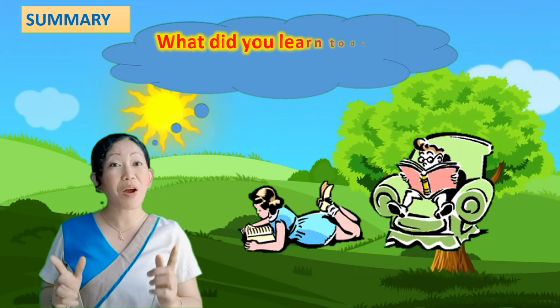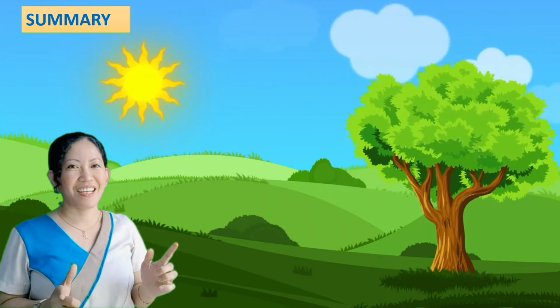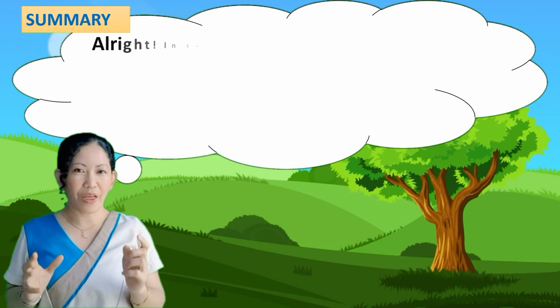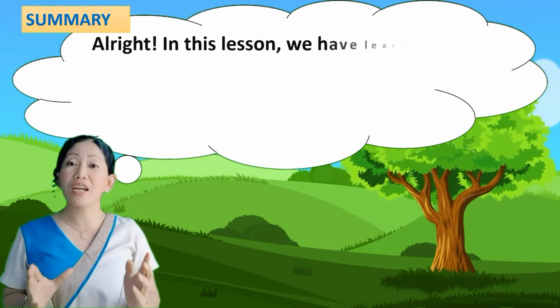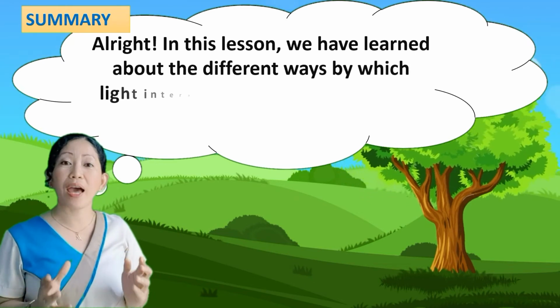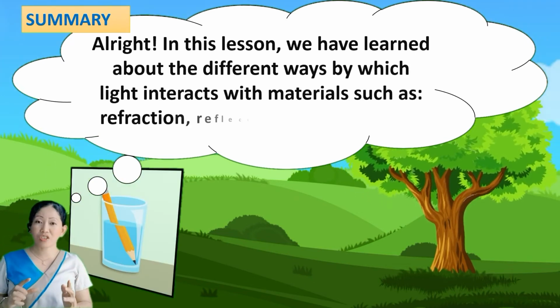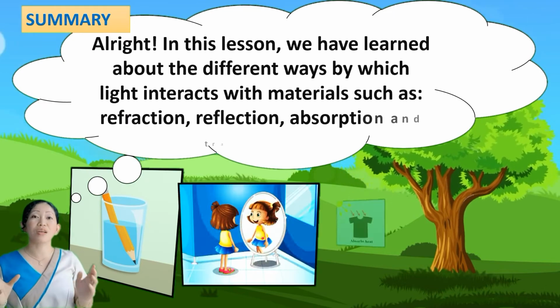What did you learn today from our lesson? Alright! In this lesson, we have learned about the different ways by which light interacts with materials such as refraction, reflection, absorption, and transmission.